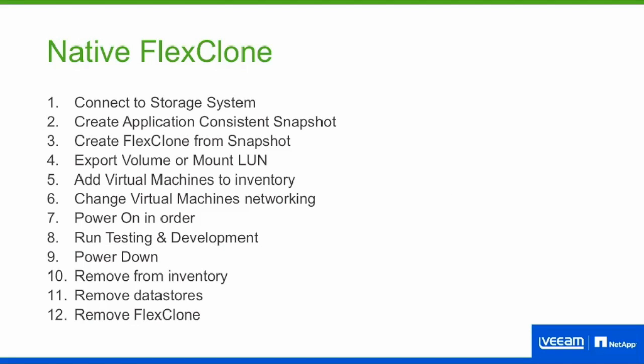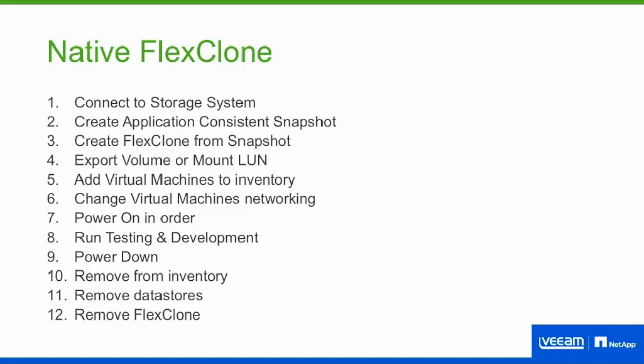However, obviously on screen, you connect to a storage system, then you have to create that snapshot or use an existing snapshot that you've already got in play. All very fast tasks. Create a FlexClone, again, it doesn't take any time to do that. But then this is where it could start to get quite a lengthy process.